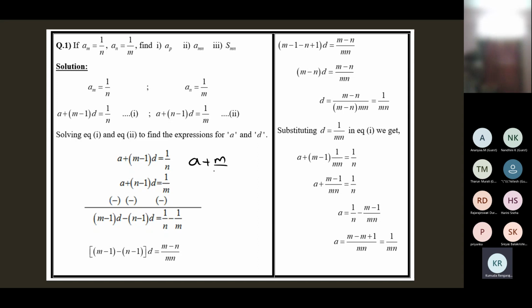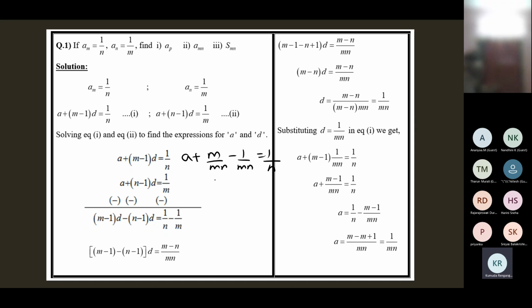A plus m by mn minus 1 by mn, multiplying 1 by mn with mn minus 1 inside the bracket, is equal to 1 by n.